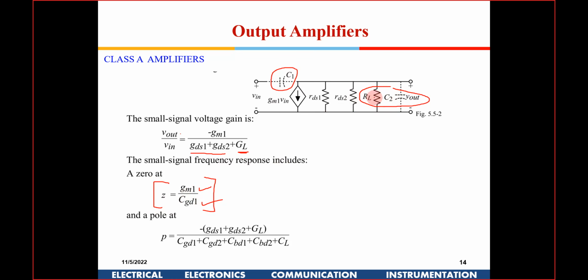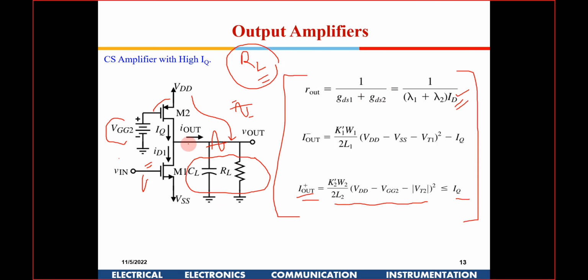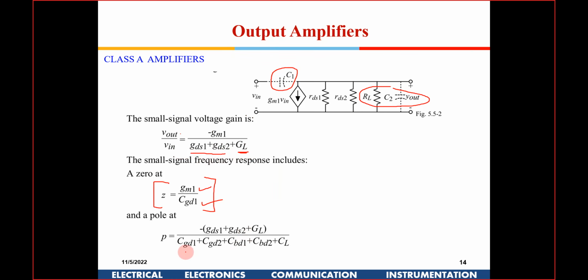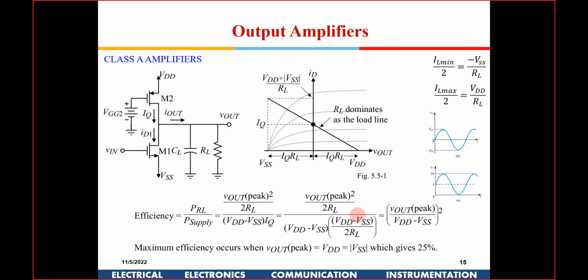So these three resistances, and then at this node you will find CGD of this transistor, CGD of this transistor, then one CL, and the body capacitor. All those capacitors together form a pole along with these RDS1, RDS. So these are the poles, and this is one zero which will be there in this circuit.